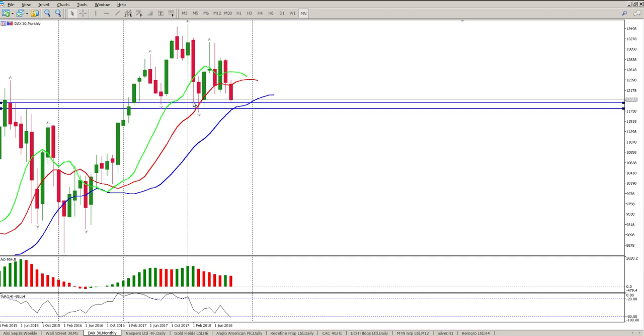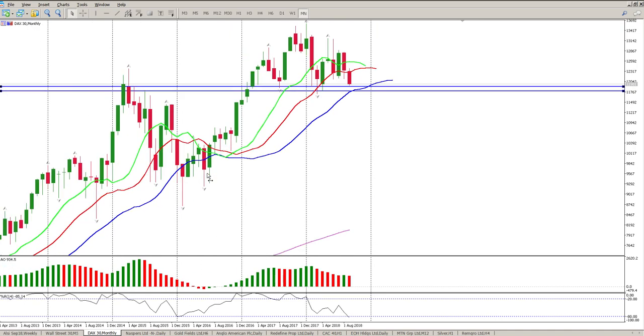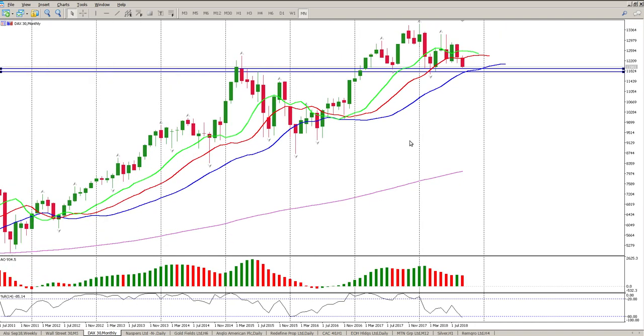Look to the left there: 1, 2, 3, 4, 5, 6. We had a monthly close there, 7. So we've had 7 months where something has happened in between these two lines.